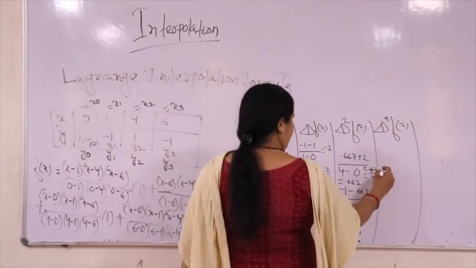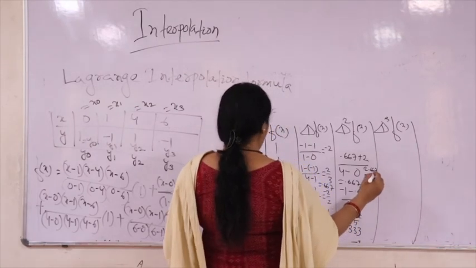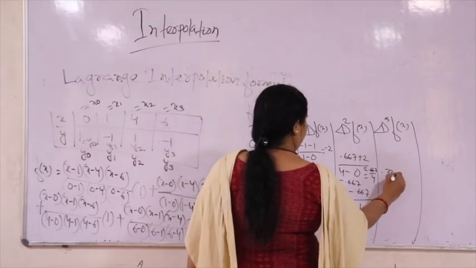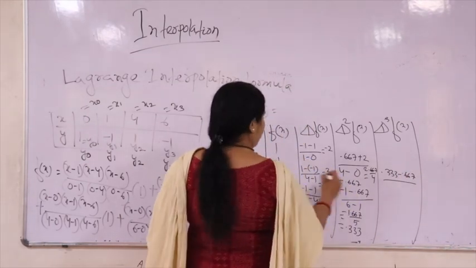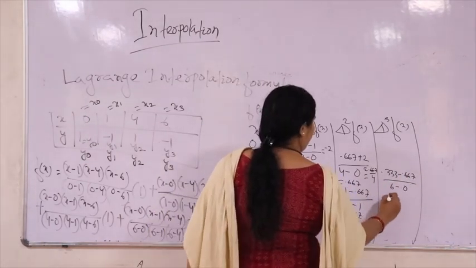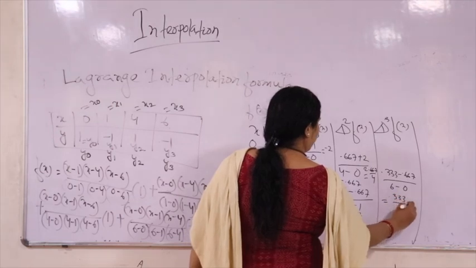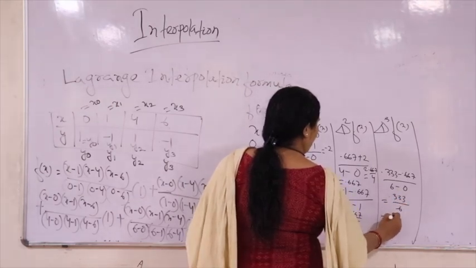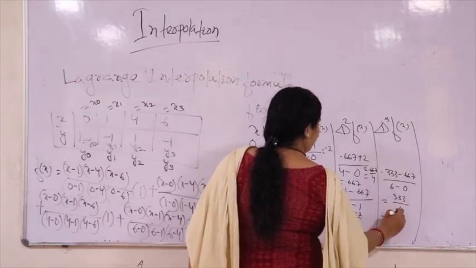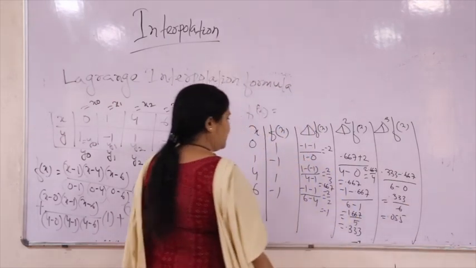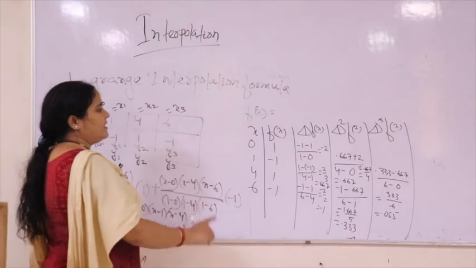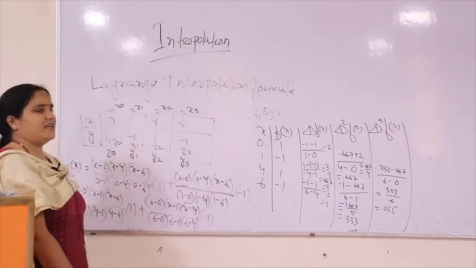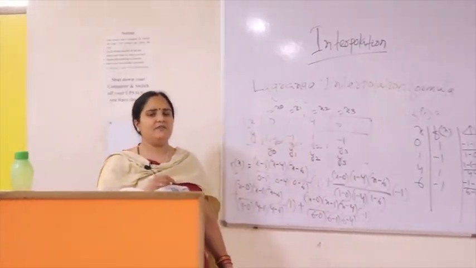So here you can calculate 0.333 minus 0.667 divided by 6 minus 0, that is 0.333 I think divided by 6, so that will be 0.055, like this. So in that way these are the values you get by applying Newton's divided table and the formula.